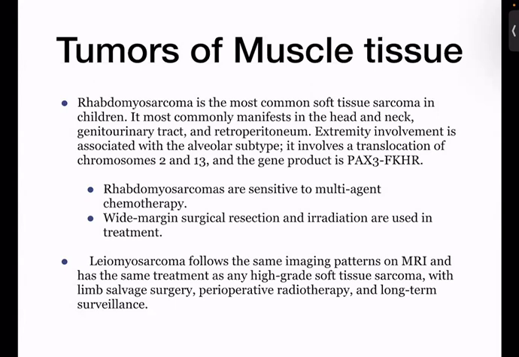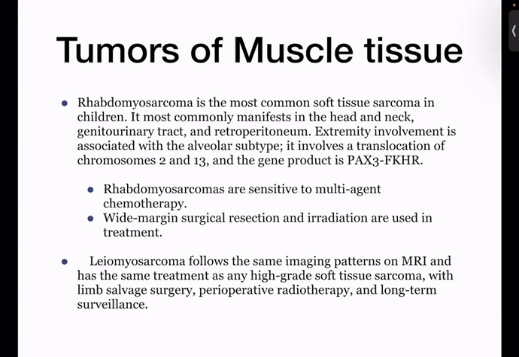Extremity, this is our part. Head, neck, genitourinary tract, retroperitoneum, we don't deal with. We deal with extremity. Sometimes you have alveolar type rhabdomyosarcoma with a translocation, t(2;13). The genotype we are usually not asked about, but we are always asked about the translocation, which is t(2;13). Okay.